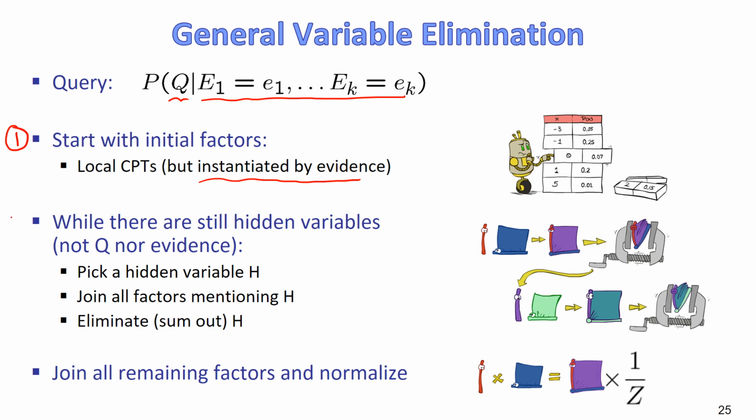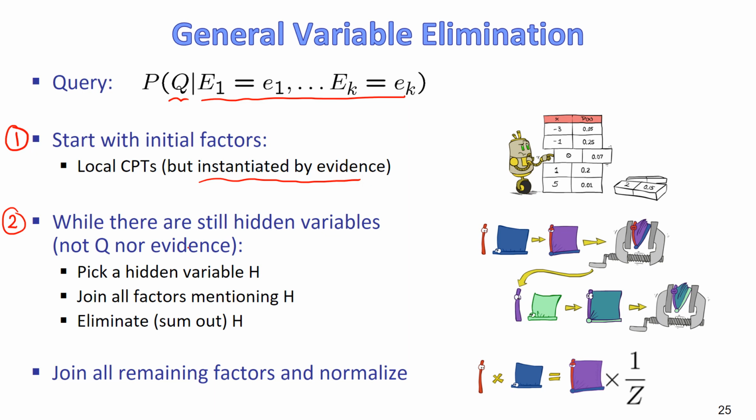Those will be the initial factors that I will start with. The second step is to get rid of all hidden variables. How? Pick one, join on that variable, immediately eliminate it. Pick another one, join on it, eliminate it. Pick a third one, join on it, eliminate it, until we eliminate all hidden variables.